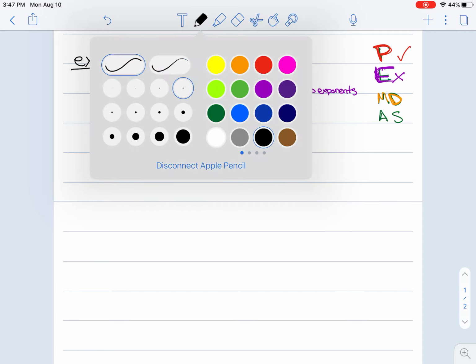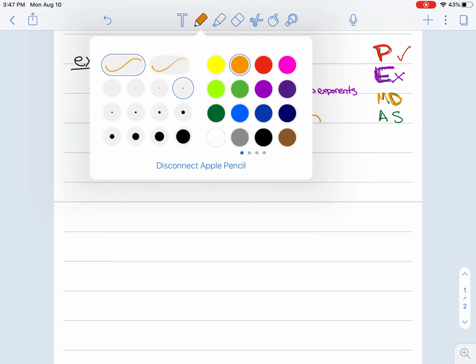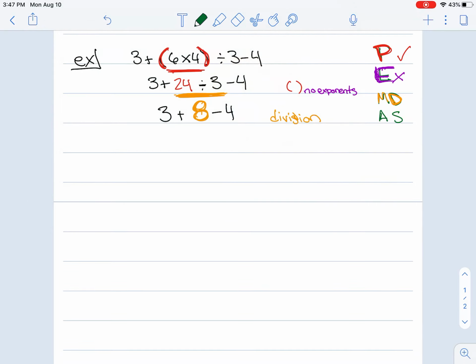I'm going to bring everything down. I'm going to double check. Do I need any more multiplication or division? And no, and it took me division to get there. So now I'm looking for addition and subtraction. So I see addition.